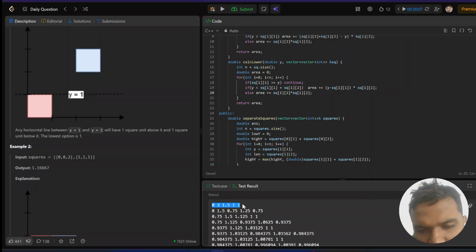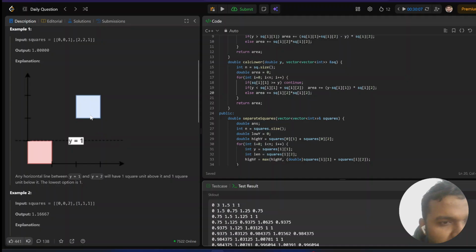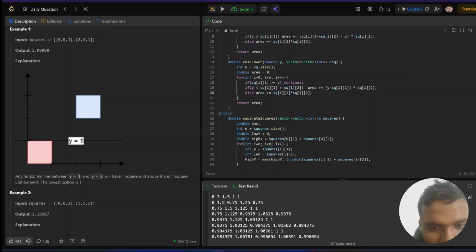Low 0, high 3, mid 1.5, this time area becomes 1, 1. When the mid is 0.75 it lies here, area becomes something like 1.25, 0.75. Then again, when mid becomes 1.125, area becomes 1, 1. That's correct.